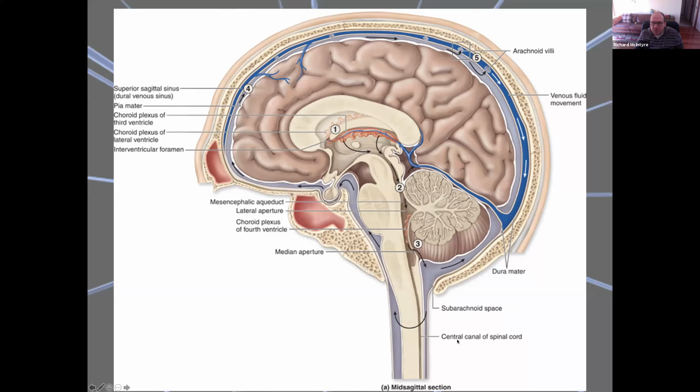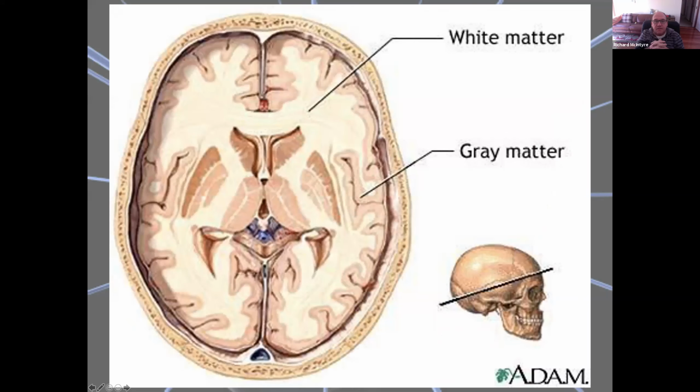Okay, and then, of course, the central canal of the spinal canal. Now we have an axial image, so we can see our grey matter. Okay, so this is where we're thinking. This is the structures that we're using to think.